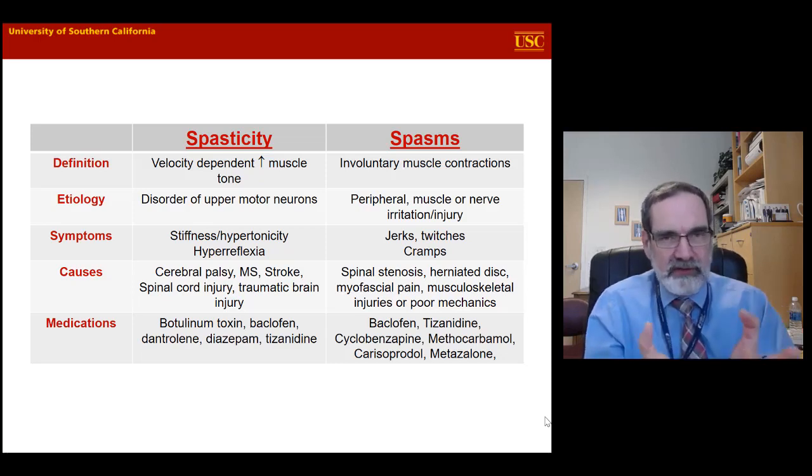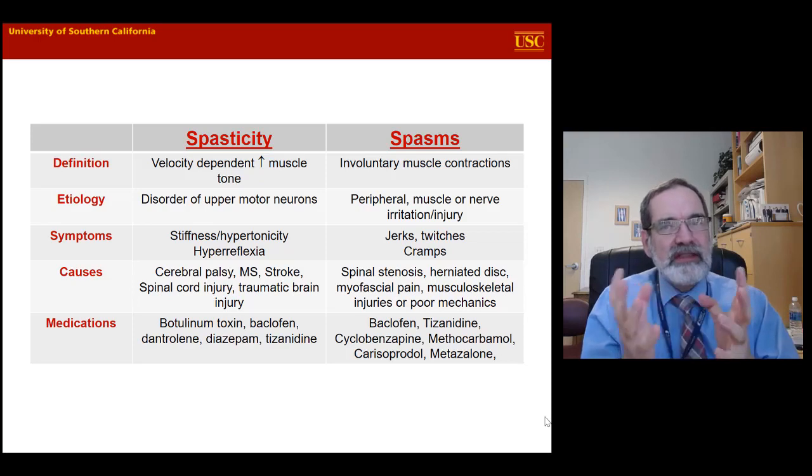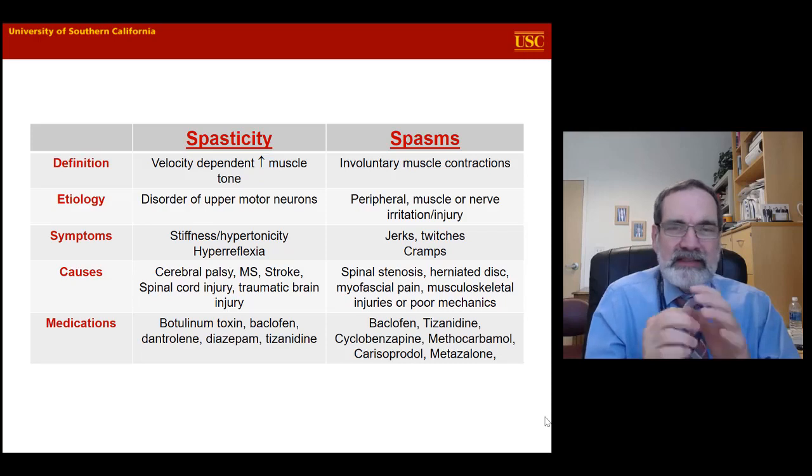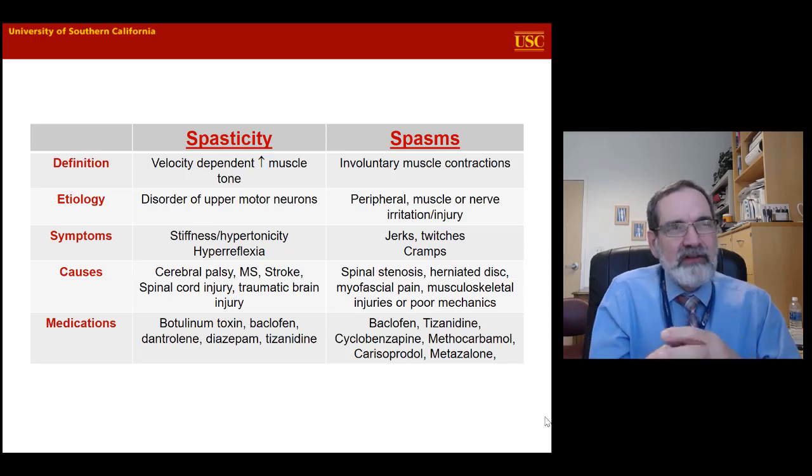How does this look under the symptom row here? These involuntary spasms look like jerks, twitches, or cramps. It's different than the patient with upper motor neuron spasticity. They are stiff, there's a constant high level of tone in the muscle, and they are hyperreflexic.